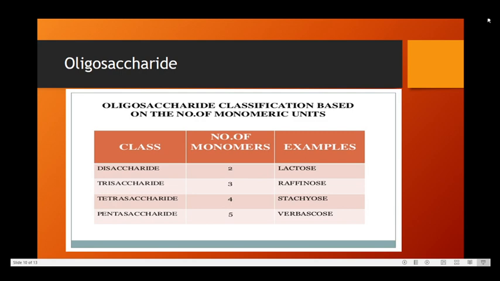In a trisaccharide, there are 3 sugar molecules joined by glycosidic bonds. Example is raffinose. In a tetrasaccharide, there are 4 monosaccharides. Example is stachyose. And in a pentasaccharide, there are 5 monosaccharides joined again by glycosidic bonds. An example of a pentasaccharide is verbascose.